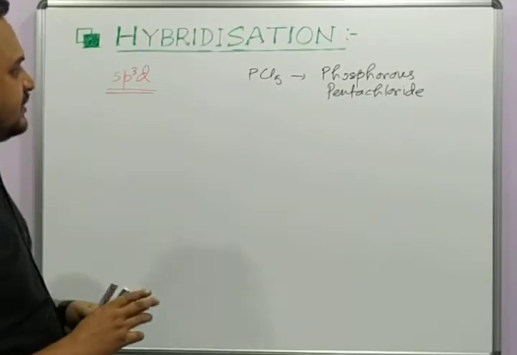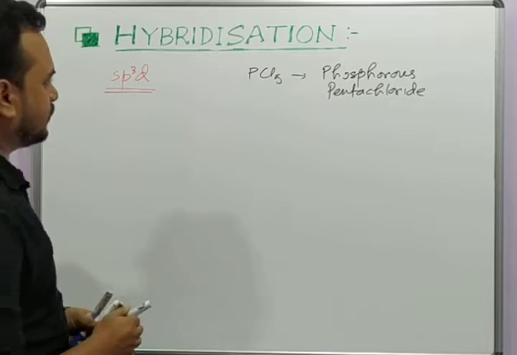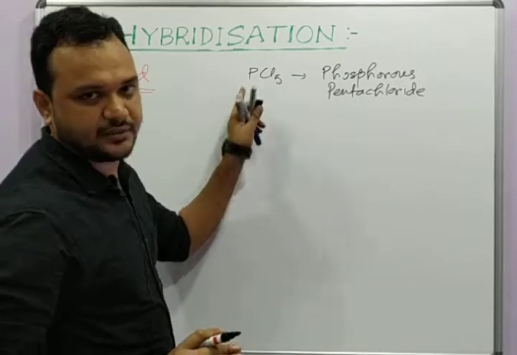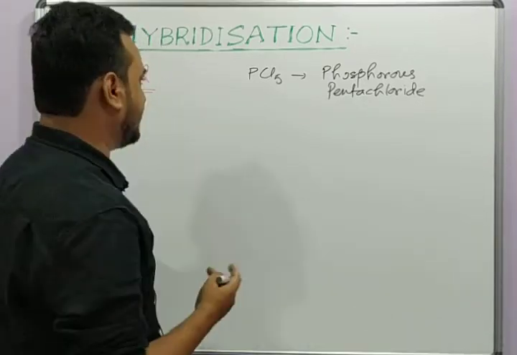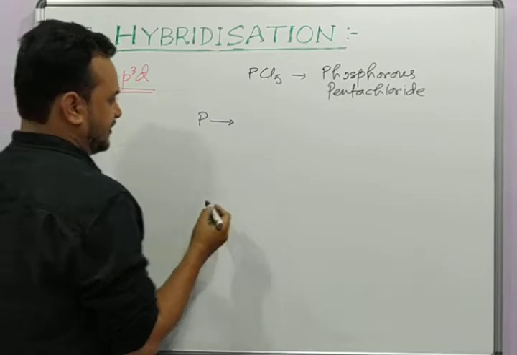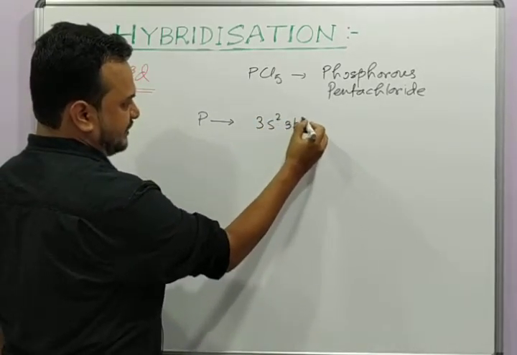And it is a group 15 element. So the electronic configuration of the central phosphorus atom will be just like nitrogen, it is below the nitrogen. If I write the valence shell of phosphorus, it is simply 3s2 3p3.